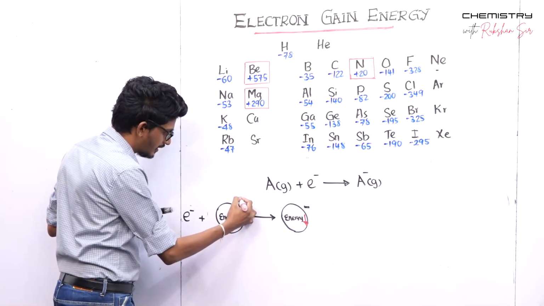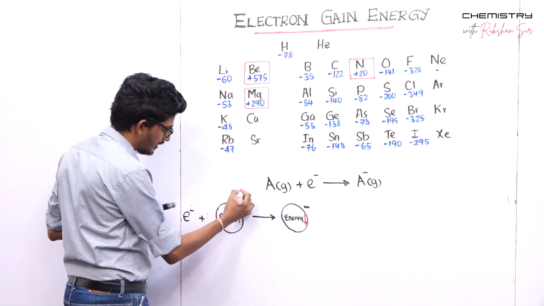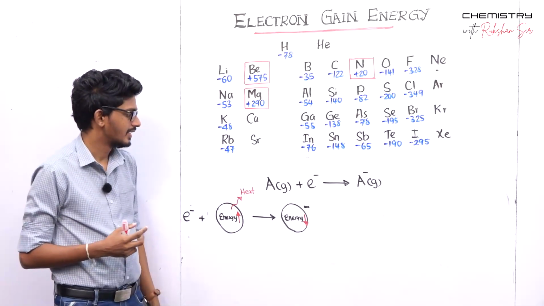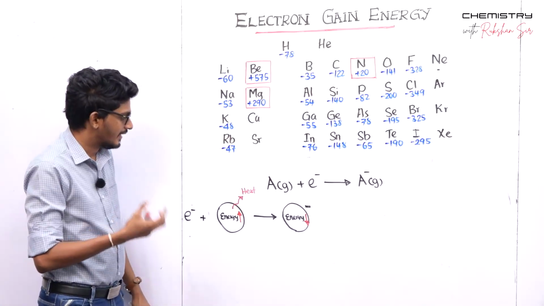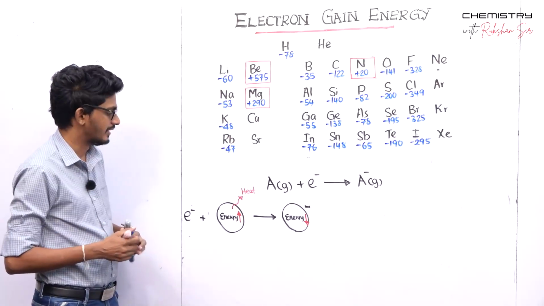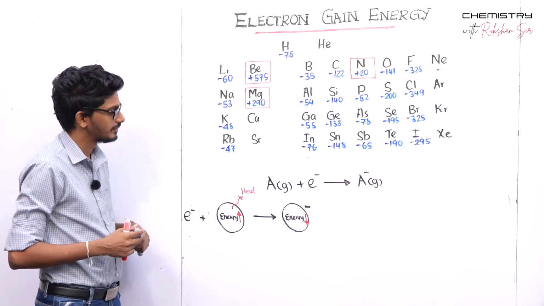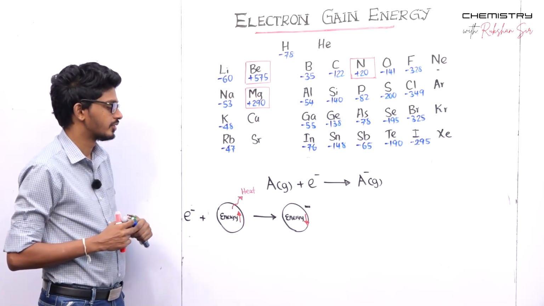To decrease the energy like this, you need to release some energy, release some heat, right? We say such a process is an exothermic process, and in such situations we come up with negative electron gains.